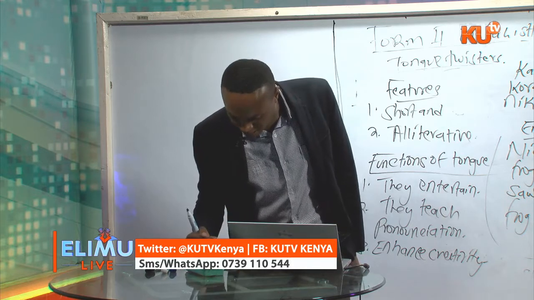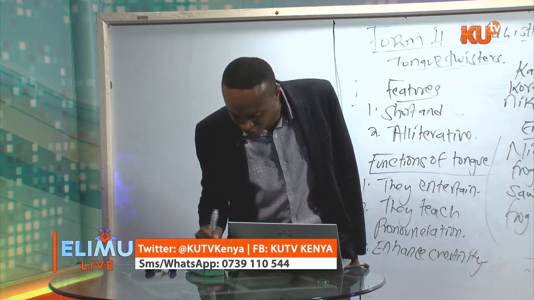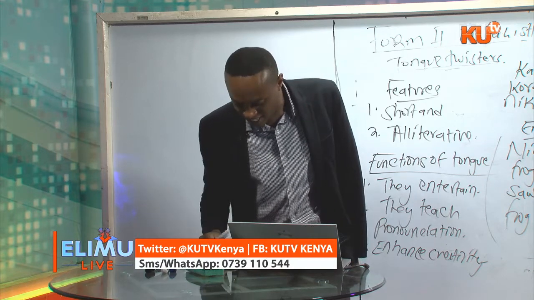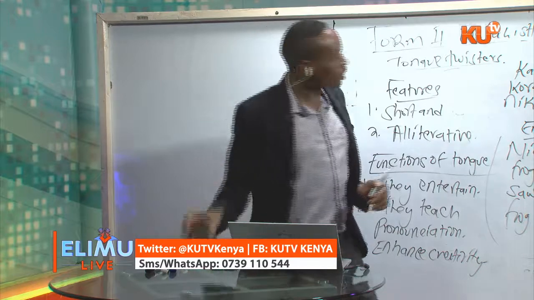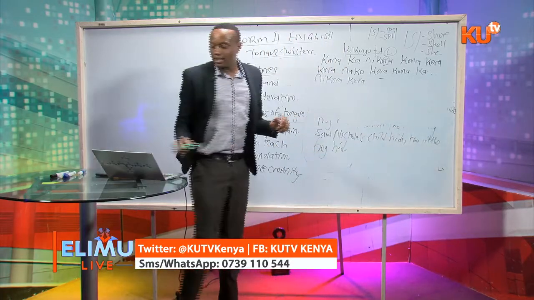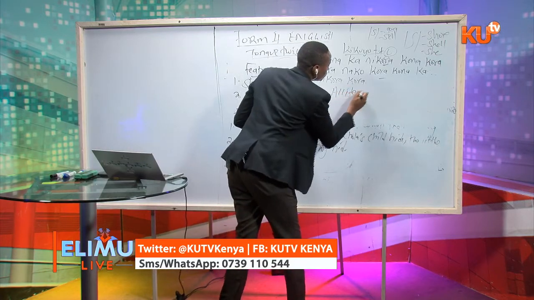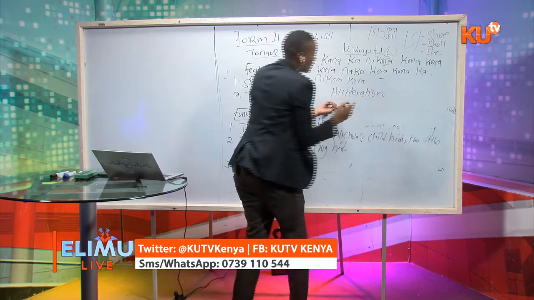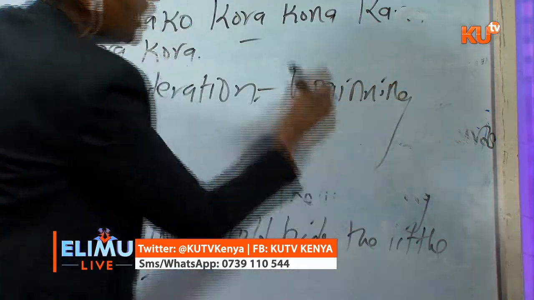What about those with some consonant sound that appear at the end of the word? Which sound feature do we give them? Is it consonance? Yes, remember that when we talked about alliteration, we said it comes at the beginning, or the initial.